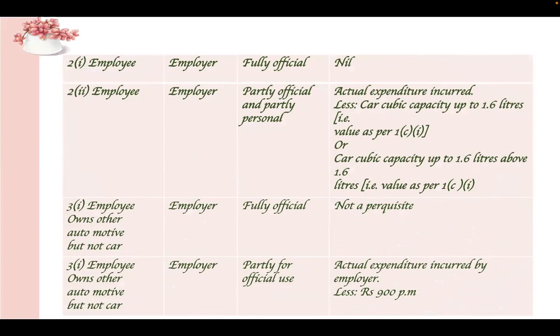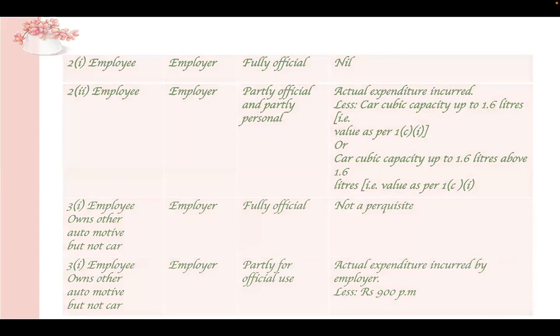And if the employee owns other automotive but not a car, and it is fully used for official purposes, it is not included in the perquisites. If the employee owns another automotive but not a car, and the expense is borne by the employer, partially used for official purposes, it means the actual expenditure incurred by the employer less Rs. 900 per month.